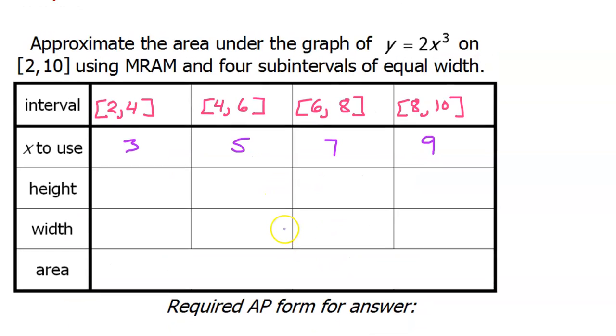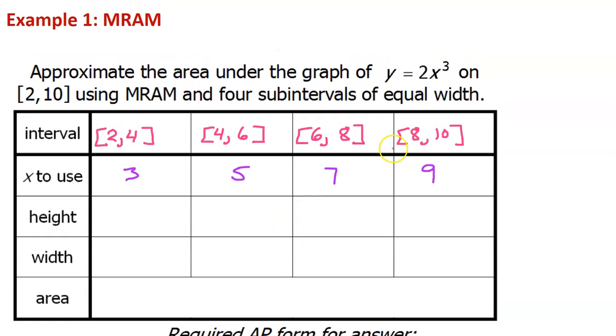So we have some calculations to do. Remember that the function itself is 2x to the third power. So the value of the function at 7 is going to be 2 times 7 to the third power. So that will be the height of the rectangle.